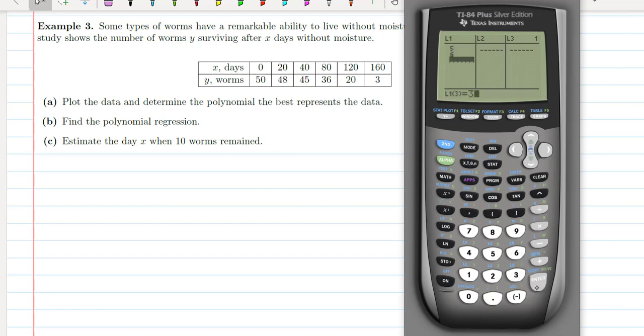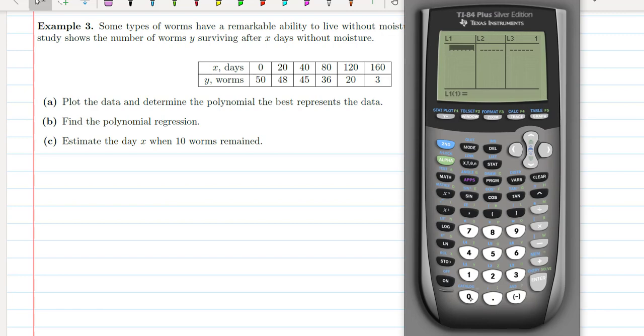So I know right now a bunch of us probably have stuff in our L1 that we would like to have go away, right? So to delete the entire list at a time, if you scroll up into the header on L1 and press clear and then press enter, it will delete everything in the column L1. So make sure that we're using our clear key on L1.